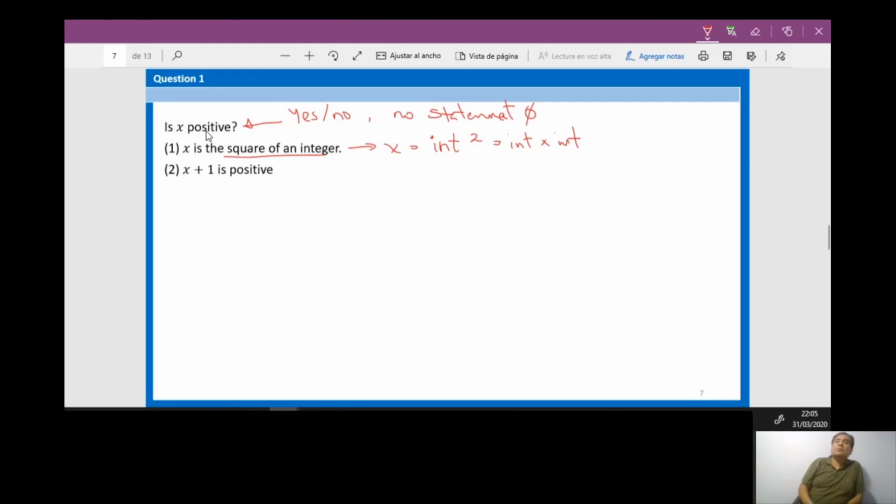All right, no. Anyone that thinks statement 1 alone is sufficient? Or everybody agrees? Okay, Kathy, please tell us why you think statement 1 is sufficient.